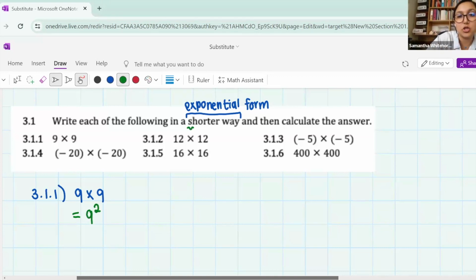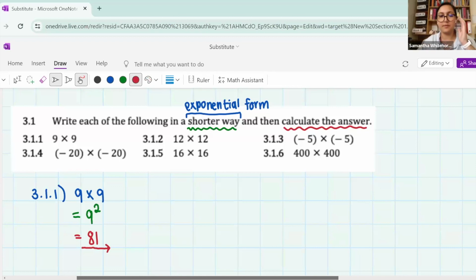So when it says in a shorter way, we are asking you to write it with an exponent. We then want to calculate the answer to that expression, so we work out what 9 times 9 is. And 9 times 9 is 81. So this is a real good test of your times tables.